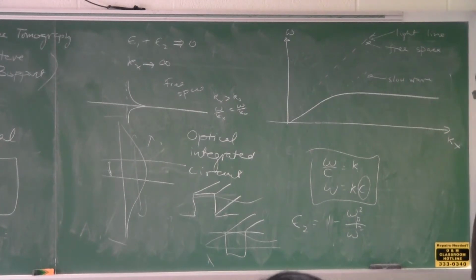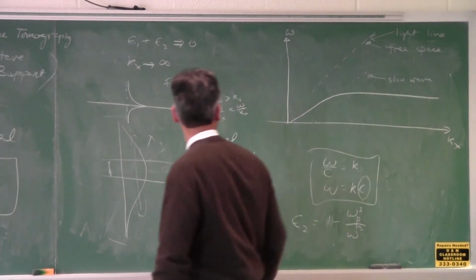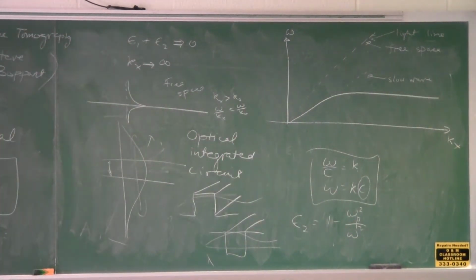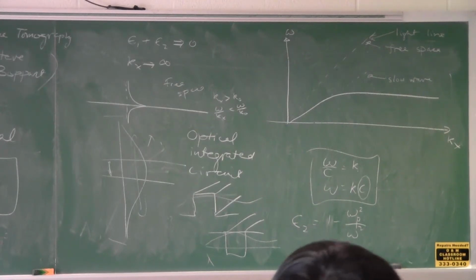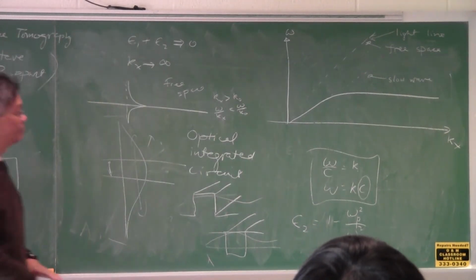Kx becomes infinity. There's confinement. What happens is that Kx just goes to infinity because this thing goes to 0. Okay, so the line just veers off like that. And Kx remains real. We want this to remain real. Numerator is negative, denominator is negative, but this has a very small negative part because this almost cancels each other. So the curve will look something like that. This is the dispersion diagram of the SPP.